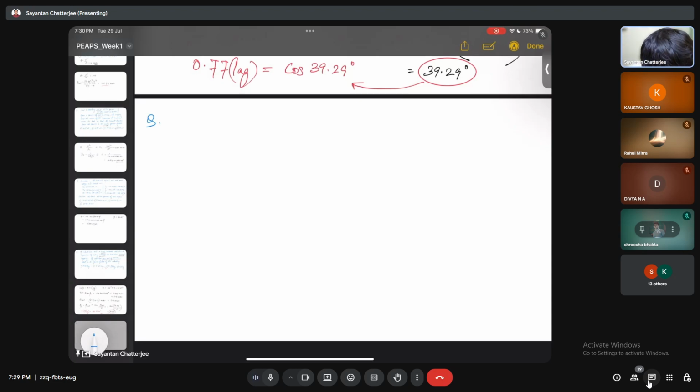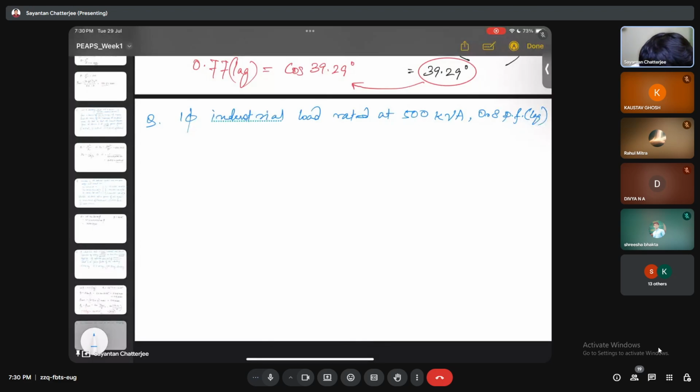Kind of similar. Okay, so again, single phase industrial load rated at 500 kVA, 0.8 power factor lagging.